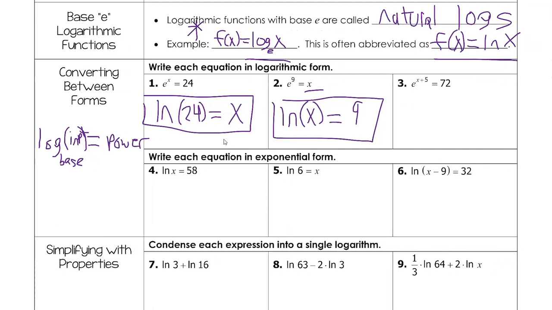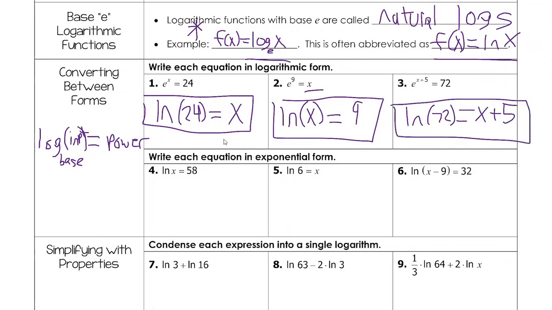And similar idea here, if you were writing this in logarithmic form, you'd have a natural log. 72 is going to be that input, and then it's going to equal your power. We'll see eventually when we're solving that you just type the natural log of 72 and subtract 5 from it to get your solution, for example. But right now, they're just asking you to put it in this log form.